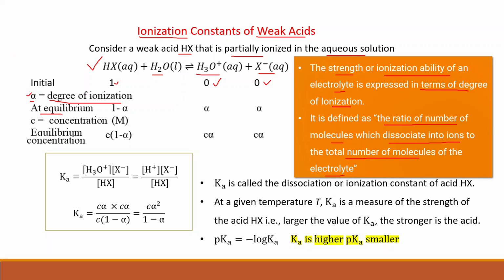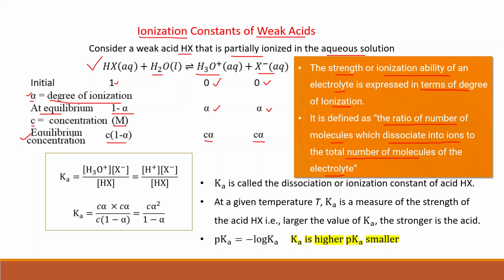So at equilibrium, HX remains 1 minus alpha, H3O+ becomes alpha, and X- also becomes alpha. If C is the concentration, that is molarity, then the equilibrium concentration of HX is C(1 minus alpha), the equilibrium concentration of H3O+ is C alpha, and the equilibrium concentration of X- is again C alpha.